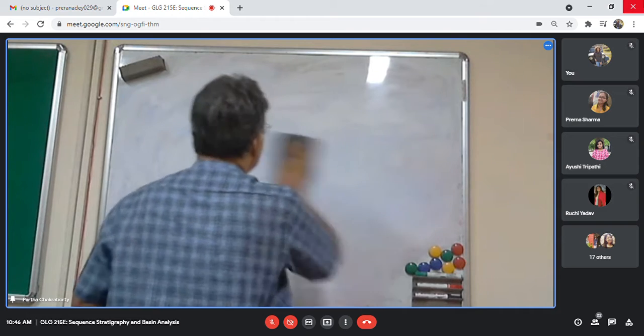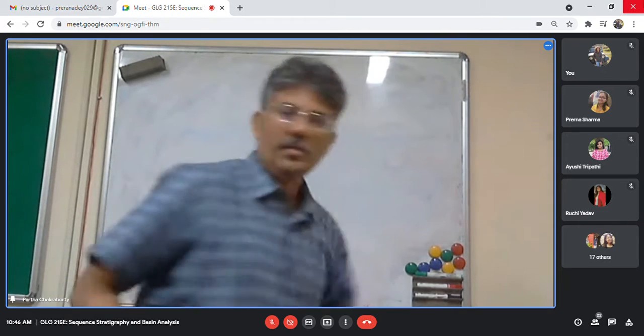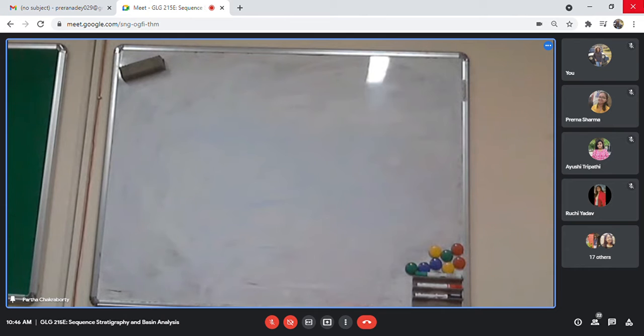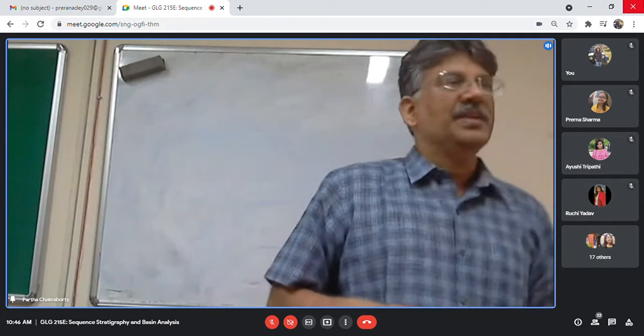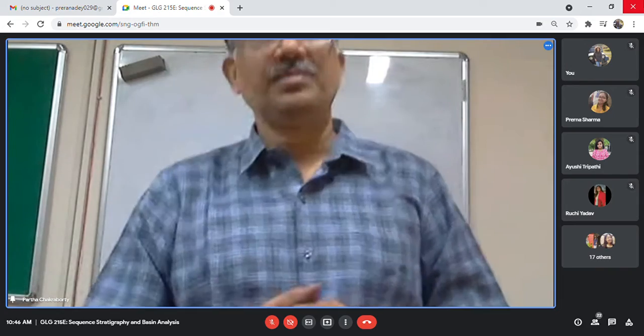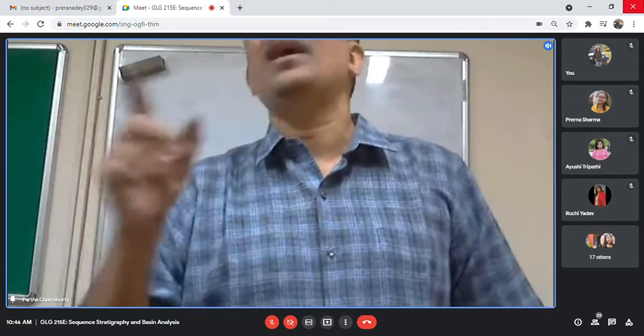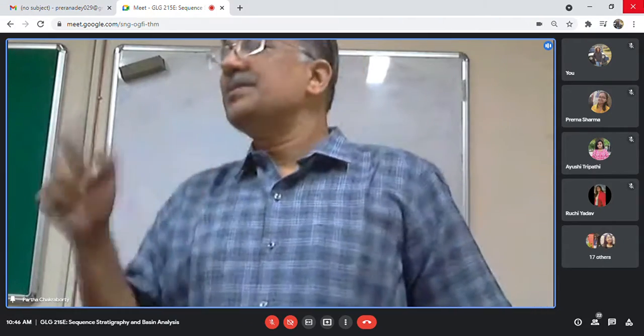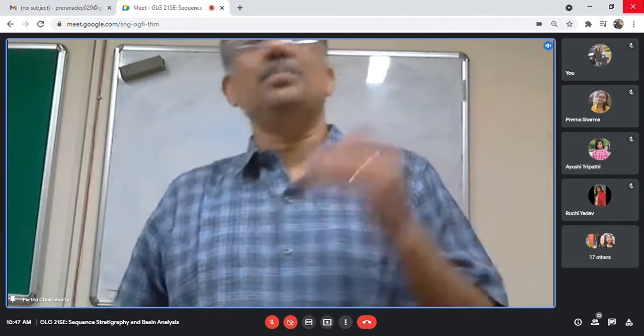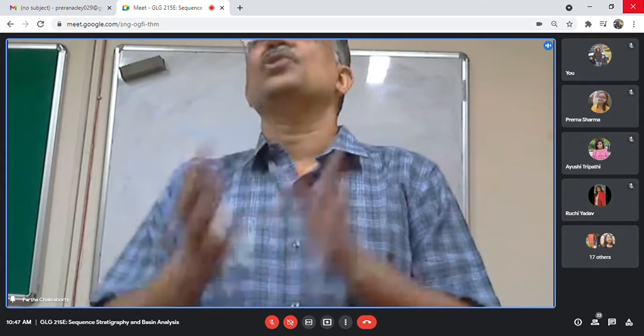So now, we came to know the definition of the base level, and we came to know that the base level and the sea level are not the same, because the base level is a function of the sea level and the energy flux on the shoreline.